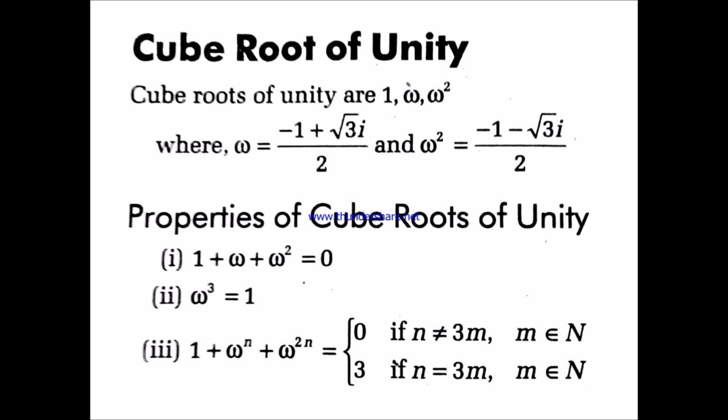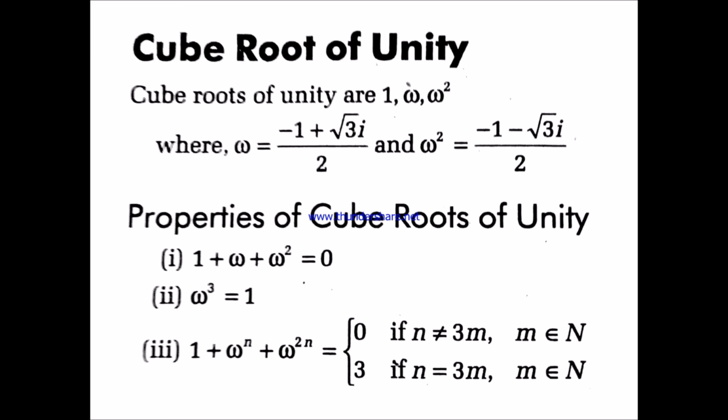Now, if we apply our knowledge of quadratic equations, for a cubic equation, the product of the roots is the constant term d into minus 1 to the power 3, that is minus 1 cubed. Here the constant term is minus 1, hence the product of the cube roots of unity is 1, or omega cube is equal to 1.